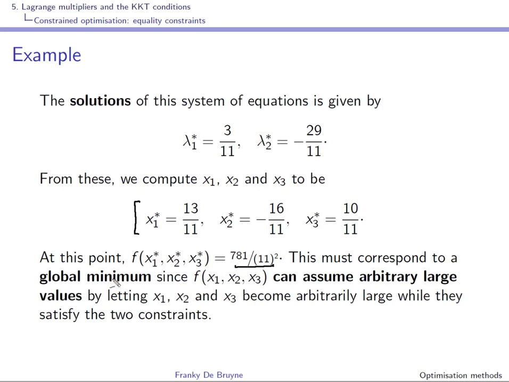This is a global minimum. This cannot be a maximum, because this function over here can take arbitrary large values while letting x1, x2 and x3 grow while satisfying the two constraints. So here we have a global minimum.